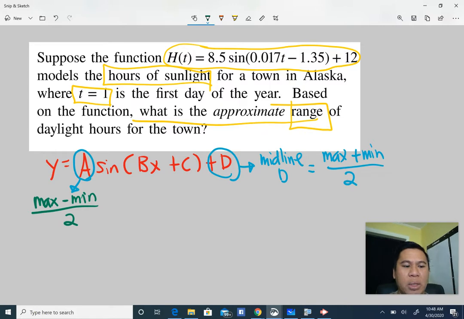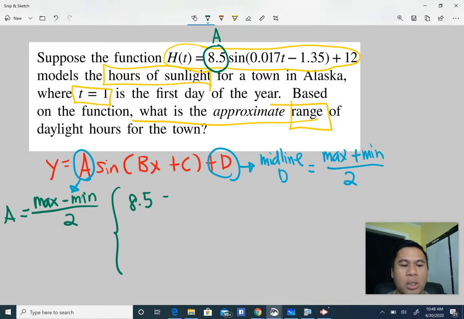So with that being said, for our equation, our A, which is in fact 8.5, is equal to maximum minus minimum all over 2. That's our first equation.